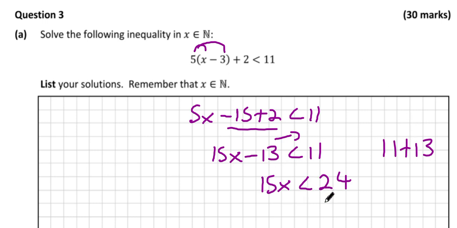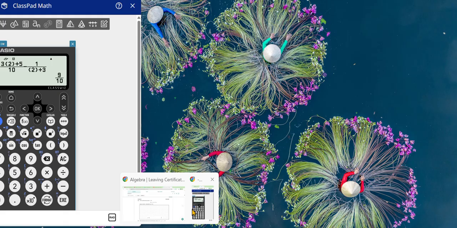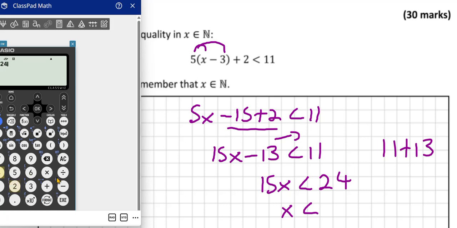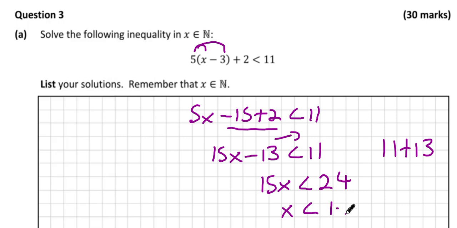What's 24 divided by 15 in decimals? 1.6. Now what it wants is all the natural numbers smaller than 1.6. Natural numbers have to be whole numbers.